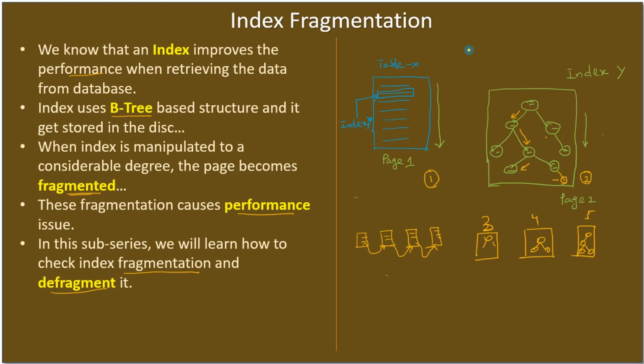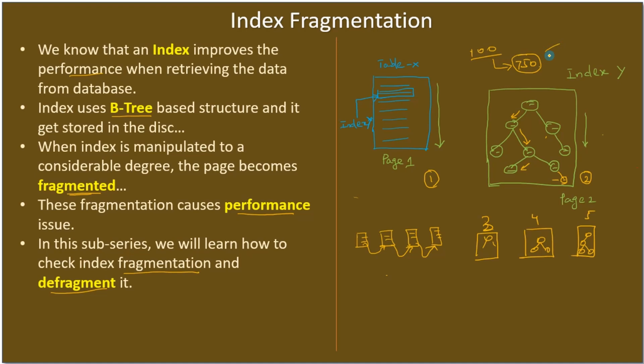So if there are plenty of indexes, say for example your database has 100 tables and you have 750 indexes. Remember, a table can have multiple indexes as well, and say we have 750 indexes.